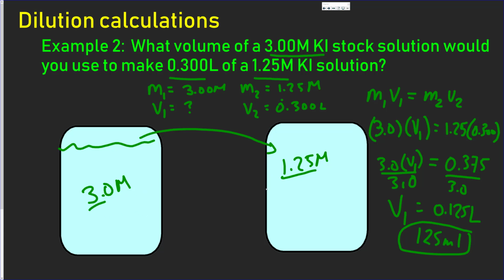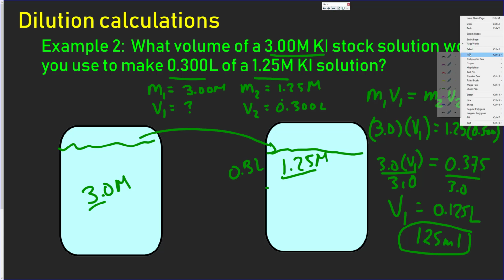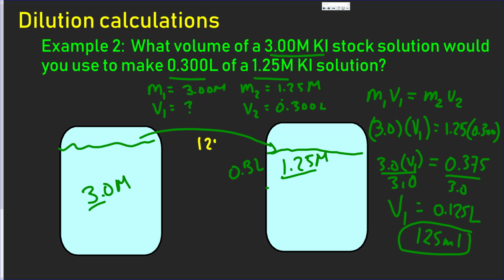And now because we are putting this into 0.3 liters, what you're going to do, I'm going to change colors here, is take 125 mLs of this stock solution, put it into your new beaker, and then fill the rest up until you get to 0.3 liters with water. And finally, once you do that, you have diluted it into this concentration. So that's what this number represents, that 125 mLs. That's the amount of your stock solution you're taking in. Okay, so that's going to be a dilution question.